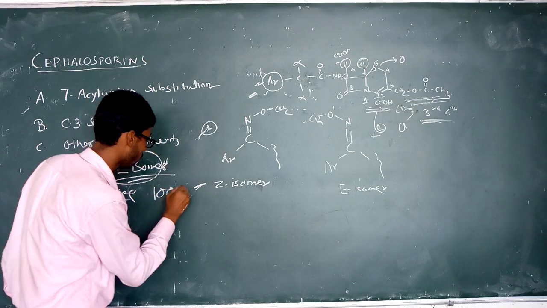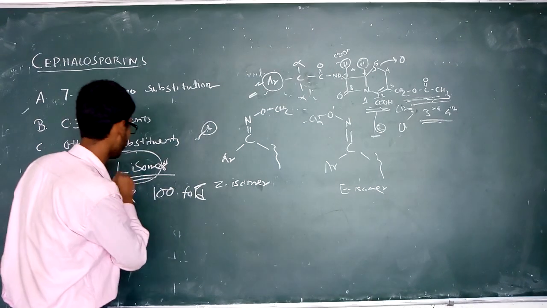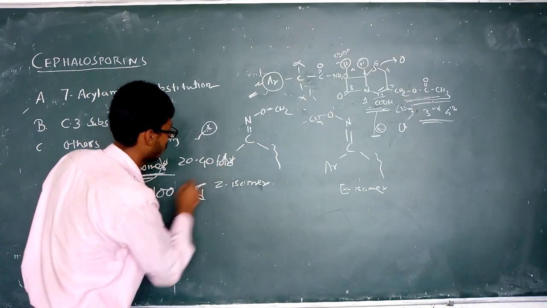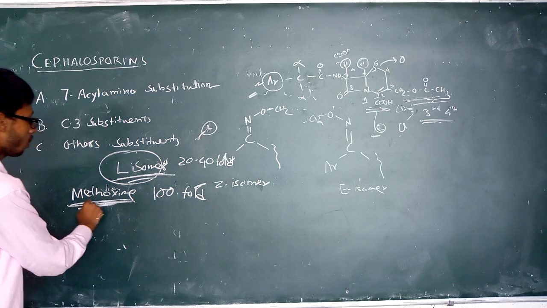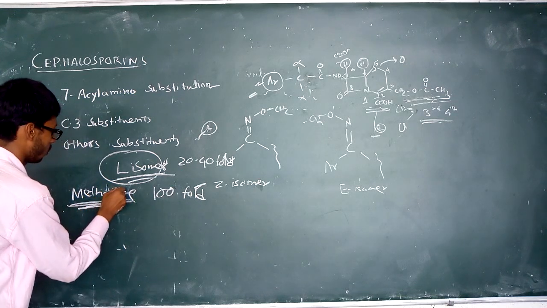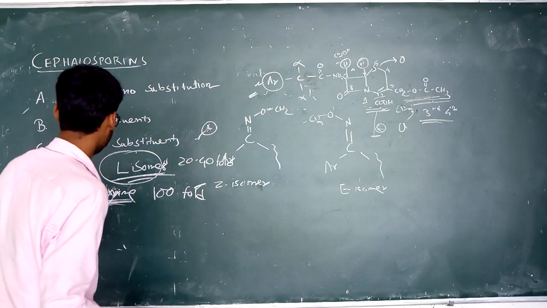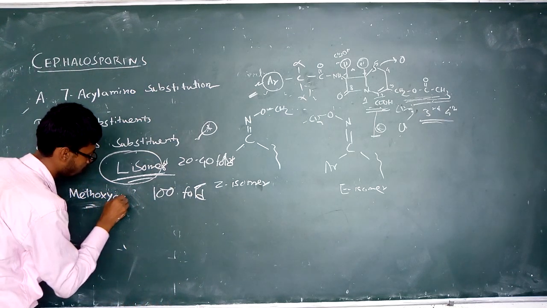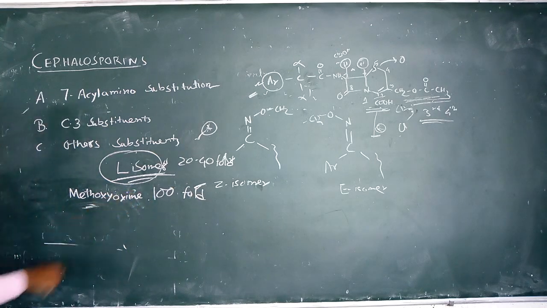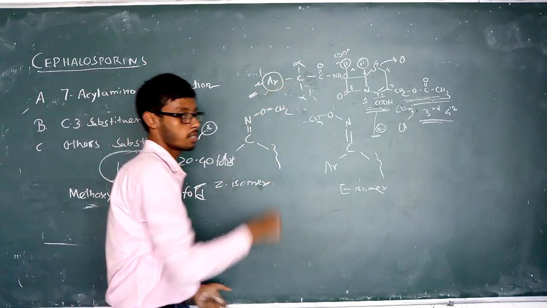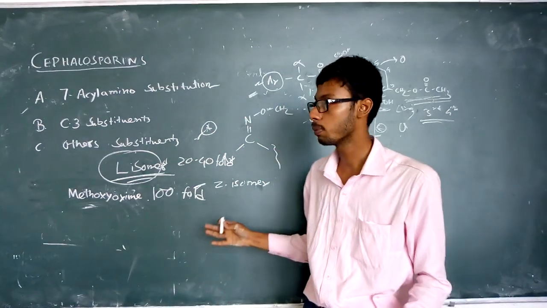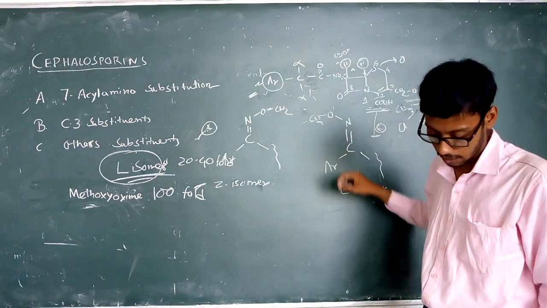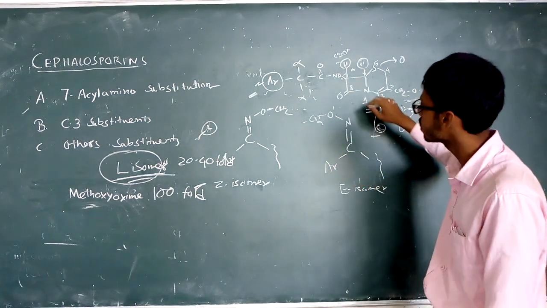Compared with the L isomer at 20 to 40-fold, the methoxyoxime produces about 100-fold more activity.